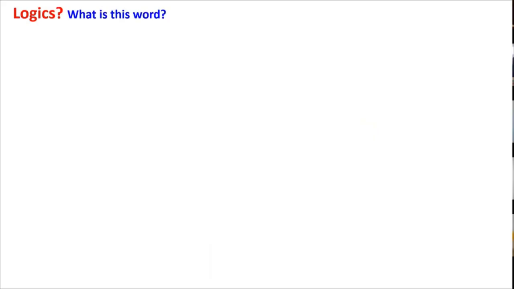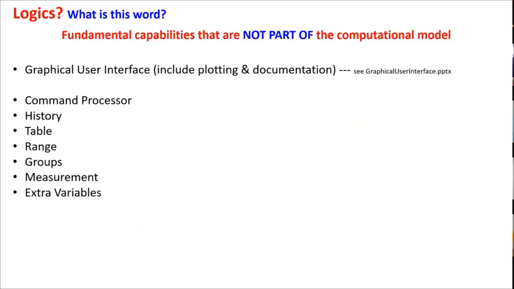So I use this word logics. It's not a real English word, but I kind of like it. It's fundamental capabilities. They have nothing to do with a discrete element model, but they have everything to do with being able to work with the model and do all kinds of useful things, right? So that involves the command processor, right? So you're sending commands to it.